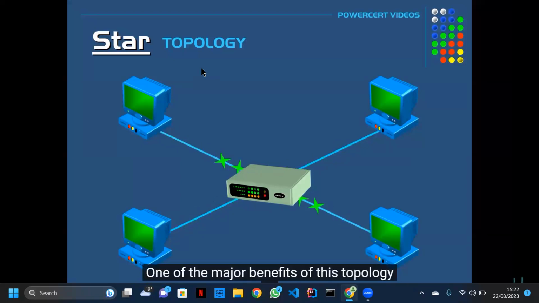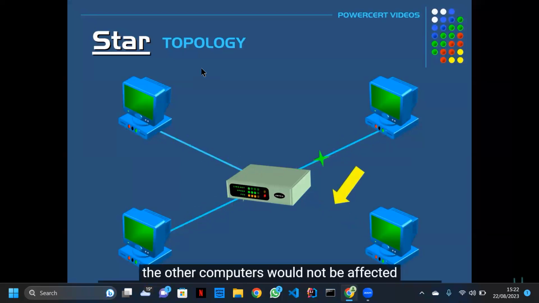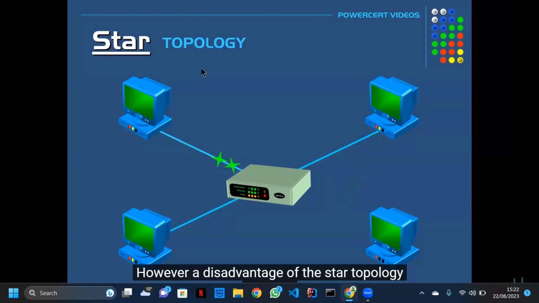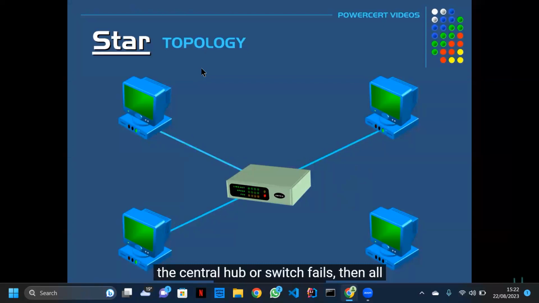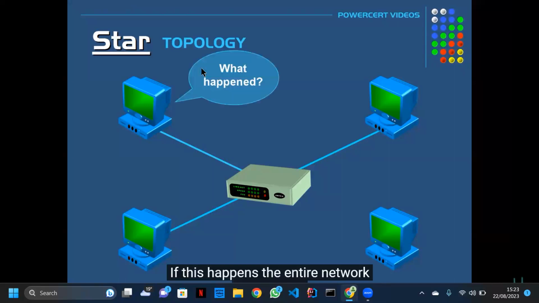One of the major benefits of this topology is that if one computer failed or there was a break in the cable, the other computers would not be affected because each computer has its own cable connection. However, a disadvantage is that if the central hub or switch fails, then all the computers on that central point would be affected. This is called a single point of failure. If this happens, the entire network goes down.